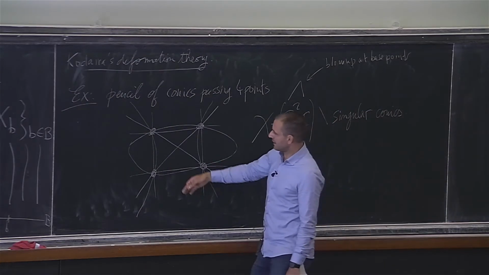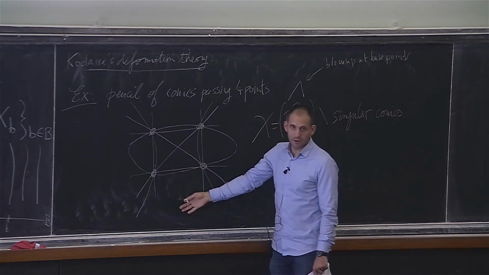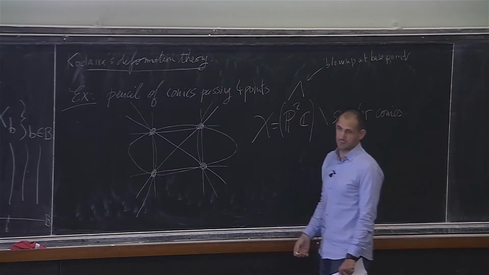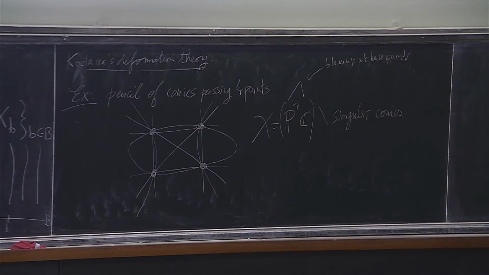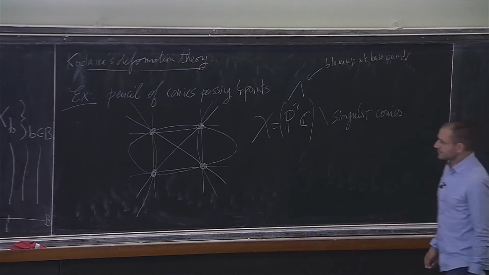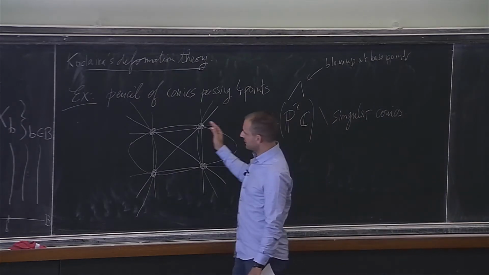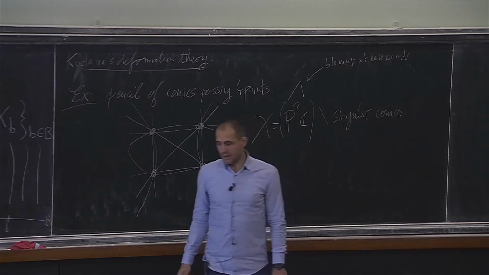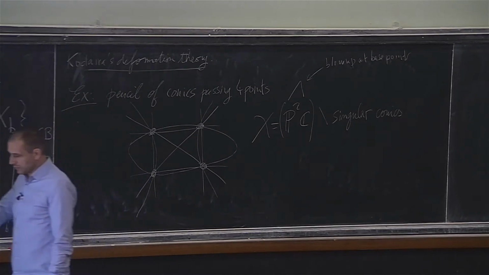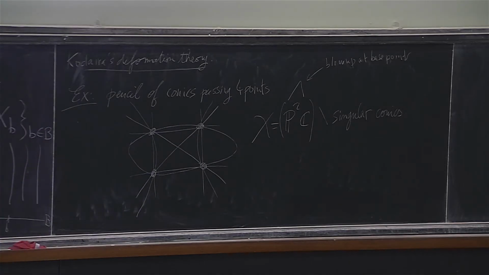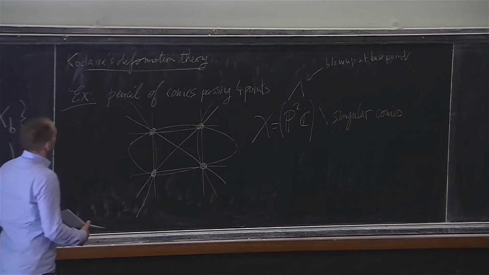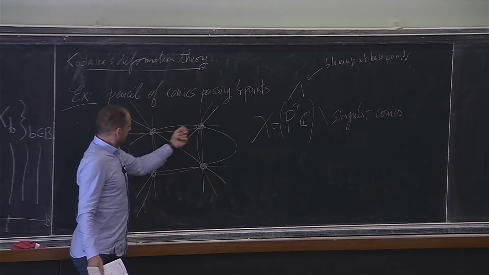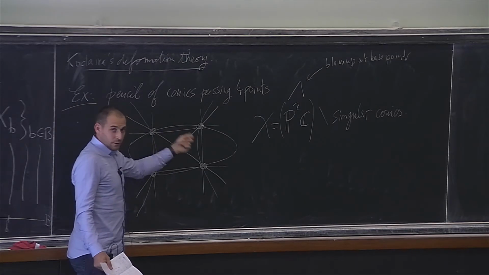And in fact, as you know, a pencil of curves is parametrized by the Riemann sphere, so the projective line. And so you get a map from P2 to the projective line, which assigns to a point the point in the projective line corresponding to the curve where you lie, right?